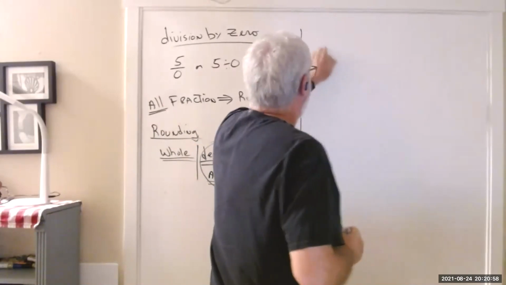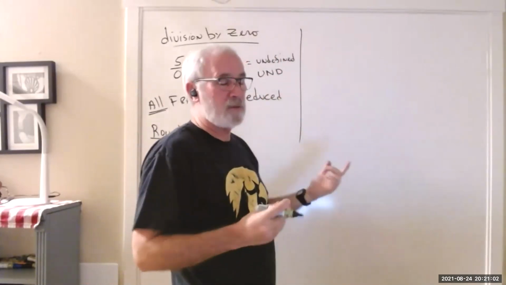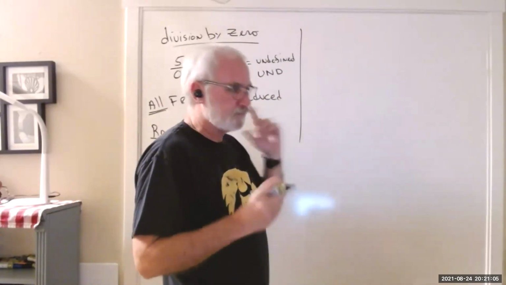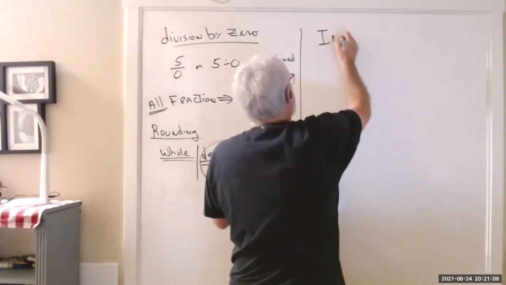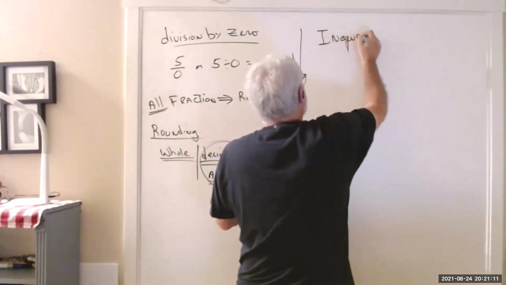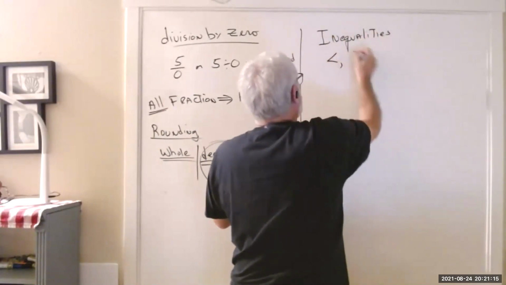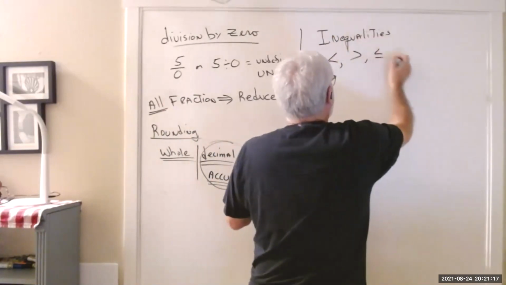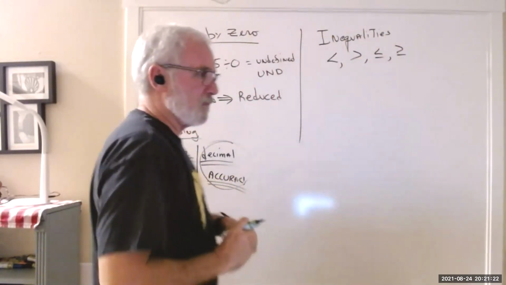Now, this is going to be weird, and this is going to cause discussion for probably the rest of the semester. Inequalities. Less than, greater than, less than or equal, greater than or equal. Inequalities. Okay.